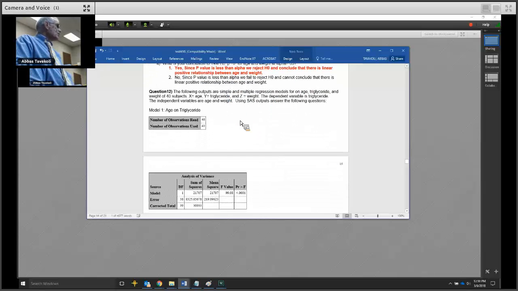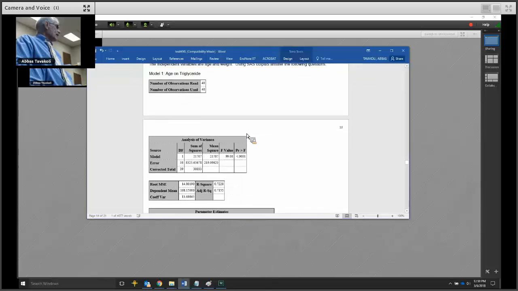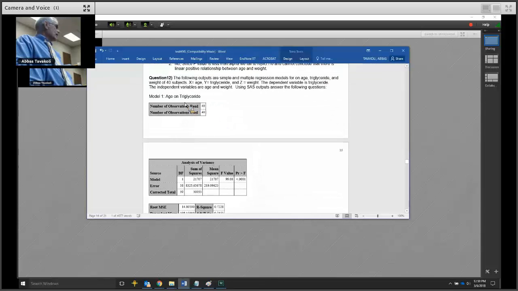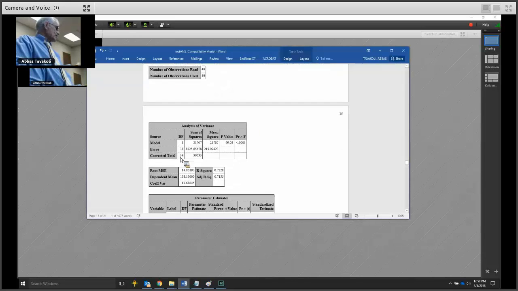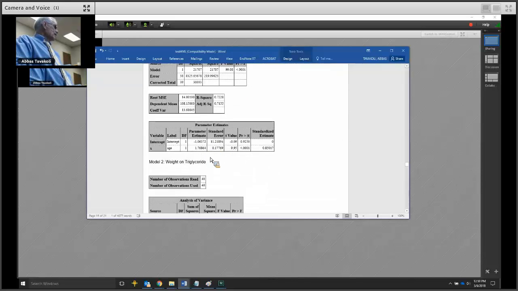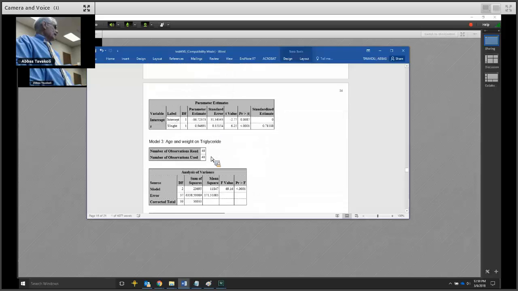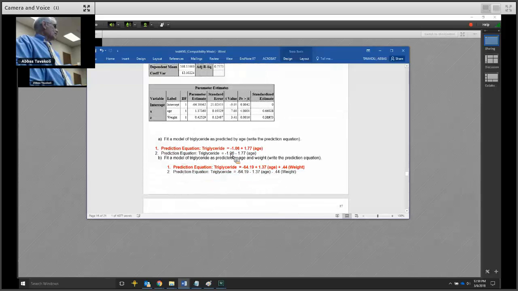So here we have a multiple regression model. Again, triglyceride is your outcome, and age is the predictor. This is simple regression. I asked you to write the prediction equation.